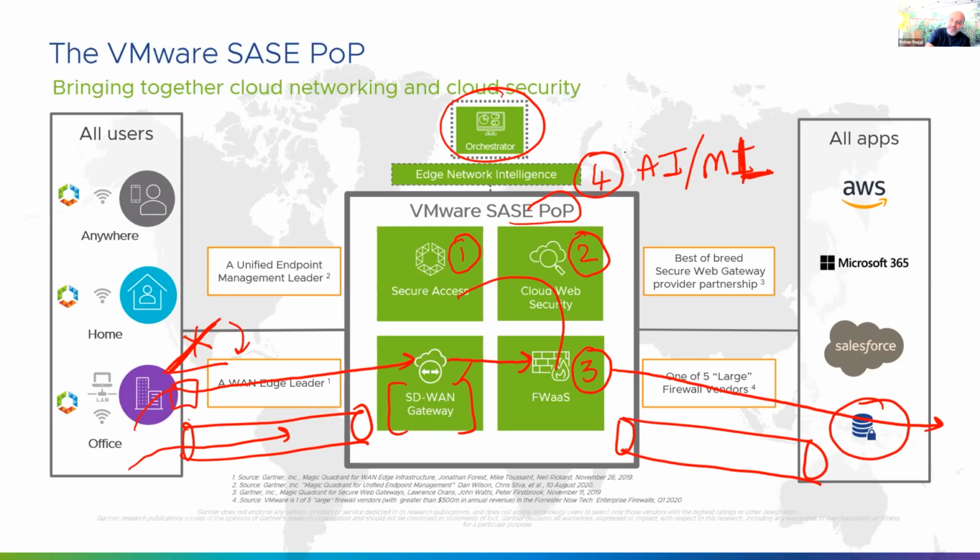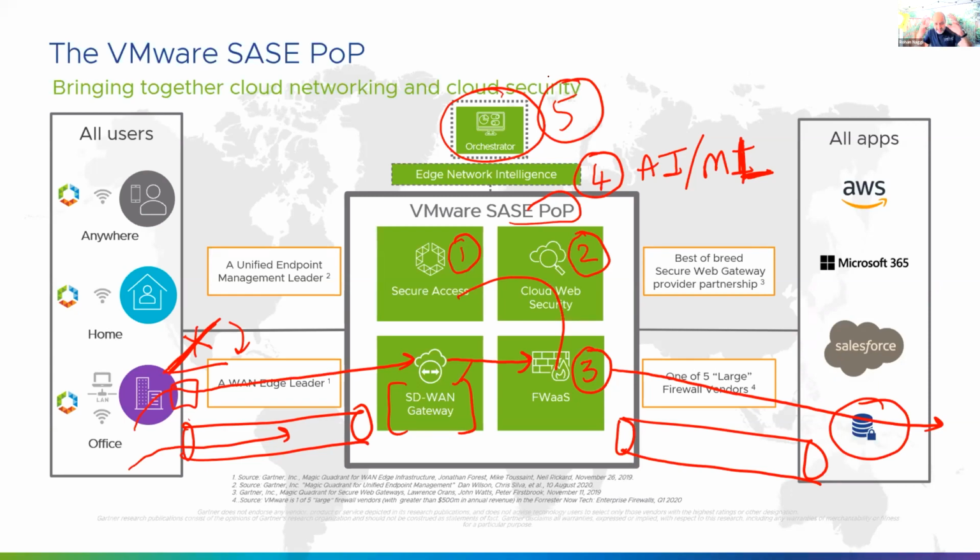And then the 4th element we talked about is AI/ML, artificial intelligence and machine learning, end-to-end visibility. That can be used for self-healing your LAN, WAN, your wireless, basically your enterprise network end to end. And then the 5th element for VMware SASE is that single pane of glass view, the orchestrator, where you can configure, manage, and troubleshoot all your networking and security needs.